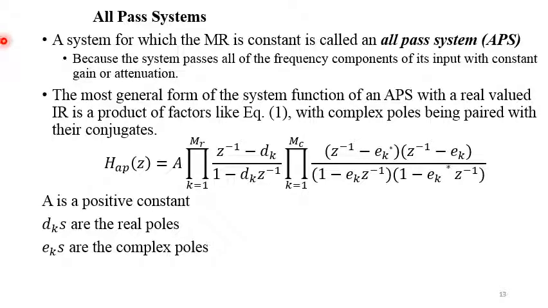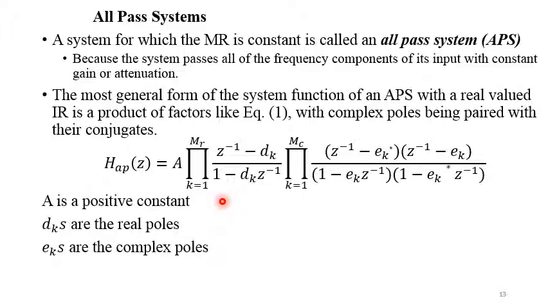The most general form of the system function for an all-pass system is as defined here. HAP represents the all-pass system in Z. So we have the product with k running from 1 up to MR of Z inverse minus dk over 1 minus dk Z inverse, and k running from 1 up to MC of Z inverse minus ek star over 1 minus ek Z inverse, times Z inverse minus ek over 1 minus ek star Z inverse.